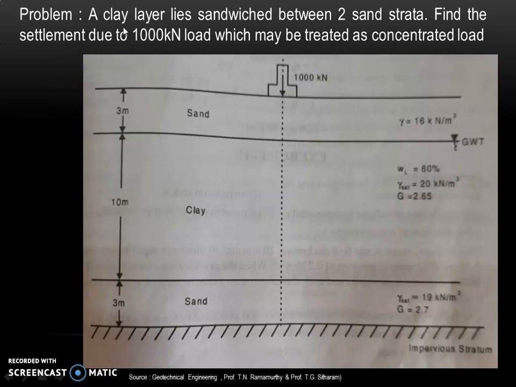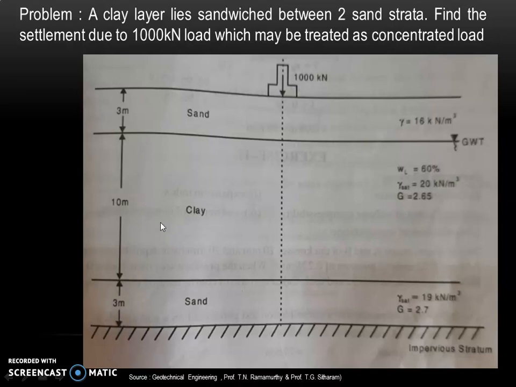The problem states that there is a clay layer of thickness 10 meter, and this clay layer is sandwiched between two layers of sand, one at the top and one at the bottom. The thickness of the sand layer on top is 3 meter, and the one at the bottom of the clay layer is also 3 meter thick.